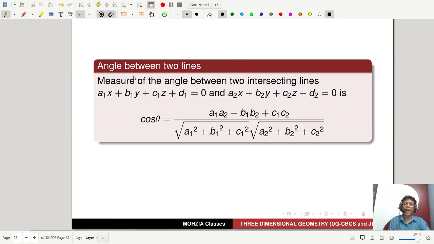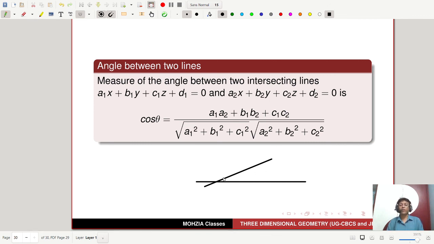Lastly, what will be the angle between two lines? It's very easy. If you have the direction vectors a1, a2, if you have two planes, oh, intersecting lines, yes. So you have two intersecting lines, meaning these two are planes. Planes will intersect in a line. If you want to find out the angle between them, that means the angle between the normal vectors. So this is the formula for the angle between the normal vectors.